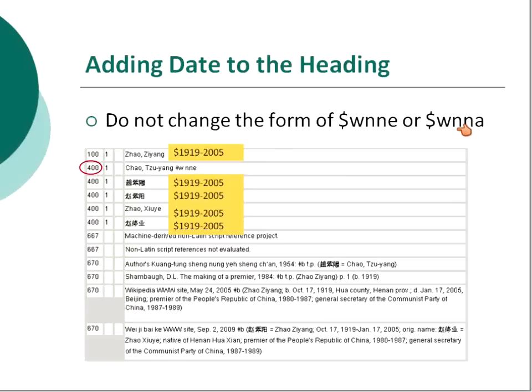So in this case, when the cataloger decided to close the death date, or sometimes just to add the date to the heading, make sure the 400 WNNE or the WNNA form is not changed. In other words, do not add the date to the reference forms in those two coding forms.